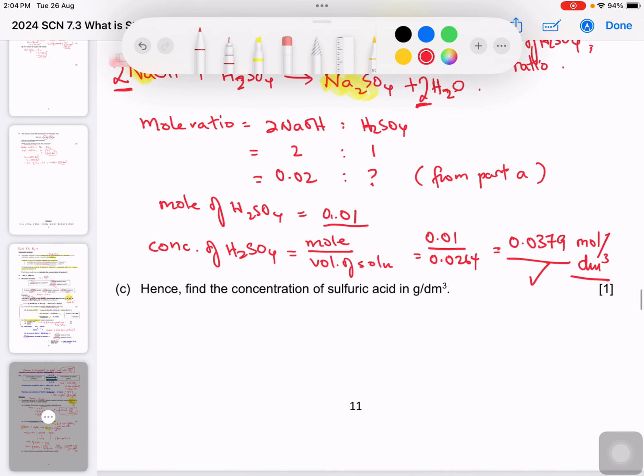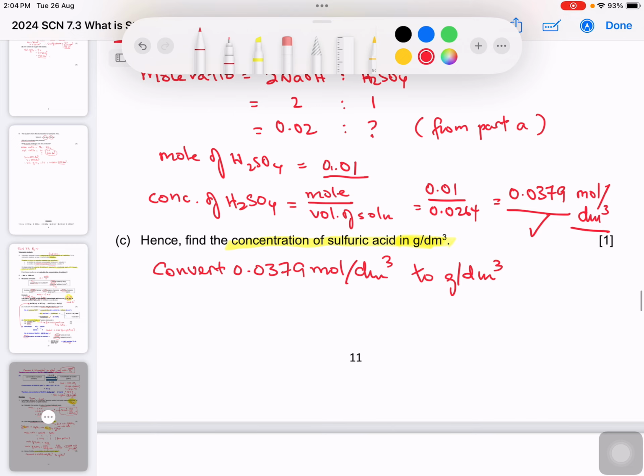Then lastly, find the concentration in grams per dm³. So we have to convert the 0.0379 mole per dm³ to gram per dm³. We do that by using the formula mole equals mass over Mr, or mass equals mole times Mr. So this will be 0.0379 times, what's the Mr of sulfuric acid?